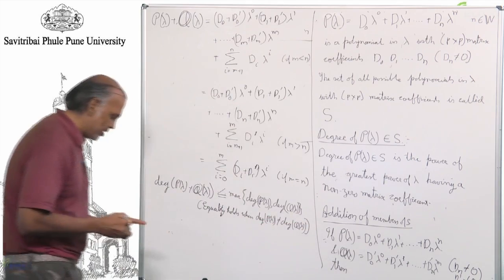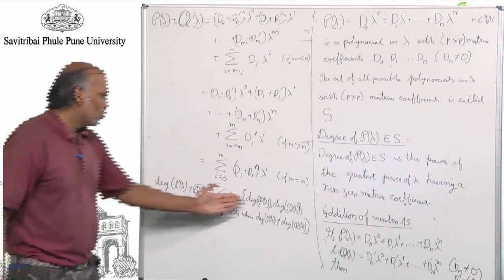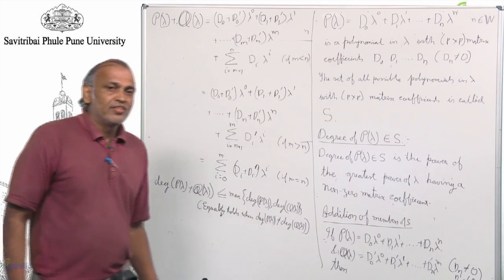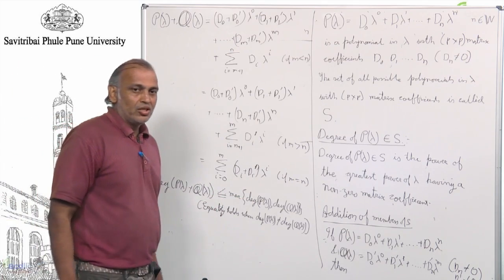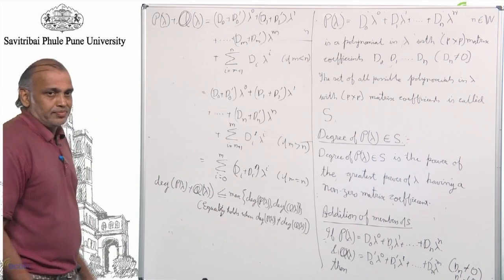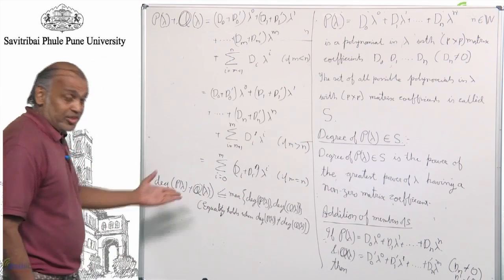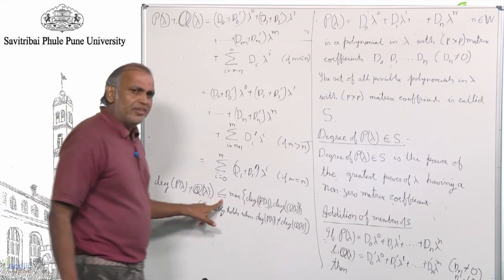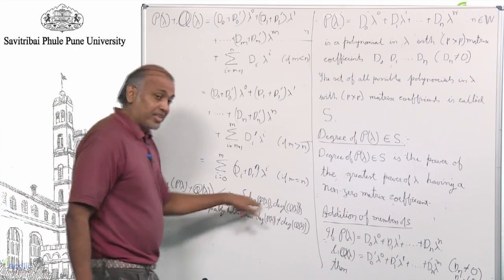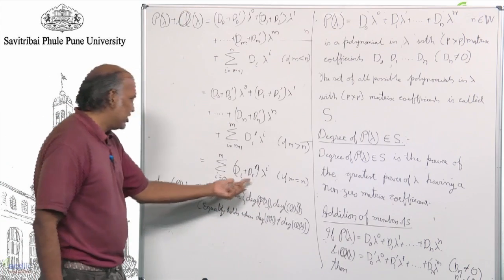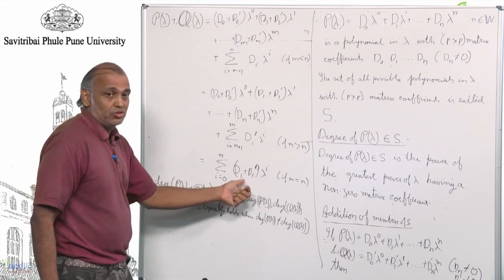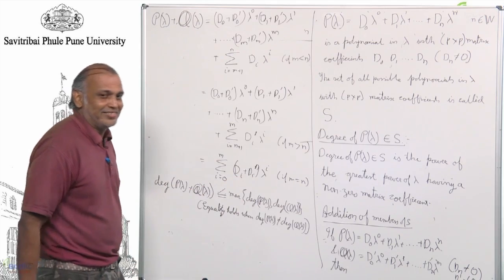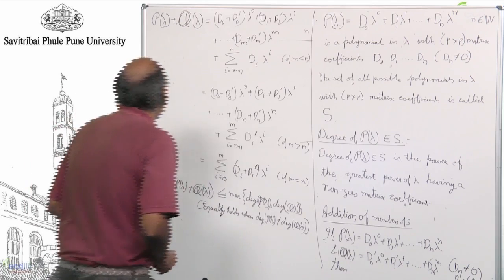I am putting this for the sake of completeness, but this is what you get, much the same as what you would have with polynomials with real and complex coefficients. The equality could hold even when the degrees are the same, but not always. See, these dm plus these are non-zero, so the sum also happens to be non-zero, no problem, but not guaranteed.